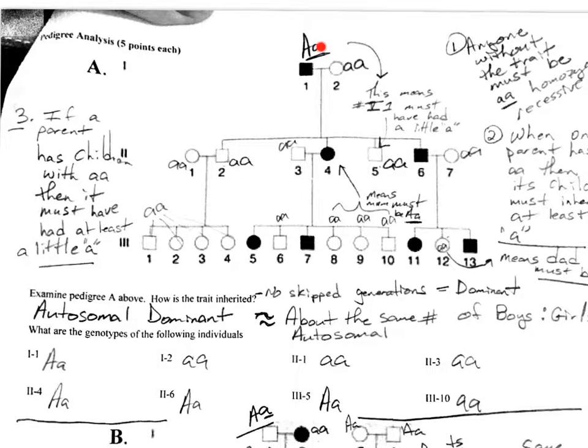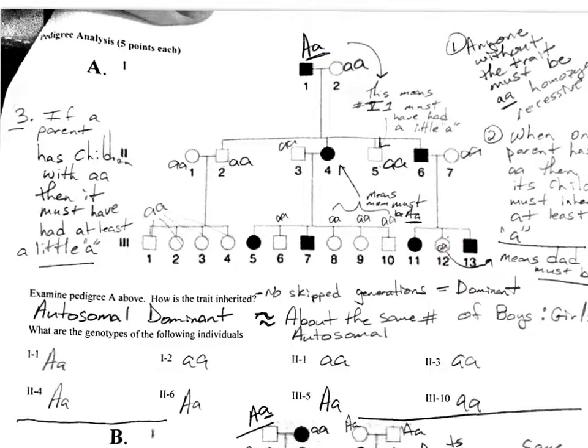That means it's big A, little a, because in this case I said it was dominant, if it's filled in, I have a big A. I saw people reverse this all day long every time I graded these. So if it's filled in, it's a big A, but only because I said it was dominant. How did I know it was dominant? It did not skip a generation.